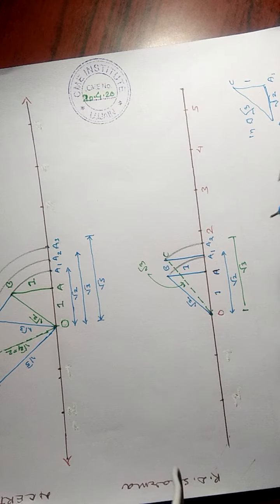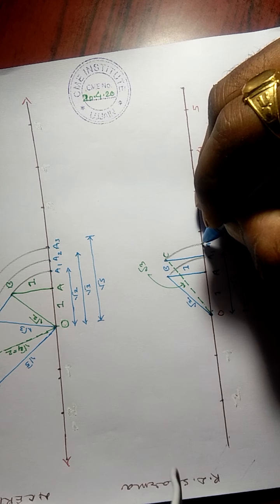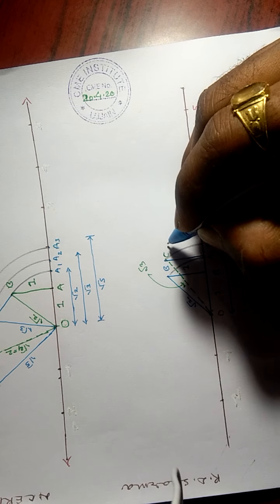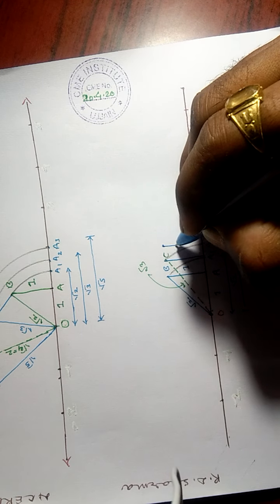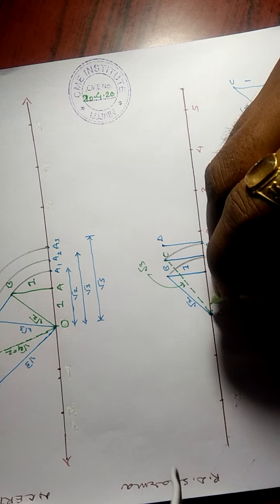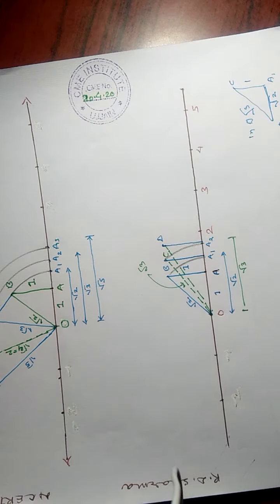Similarly, draw another perpendicular on A2 which is parallel to your AB. In this manner, consider point D. Now join this OD.